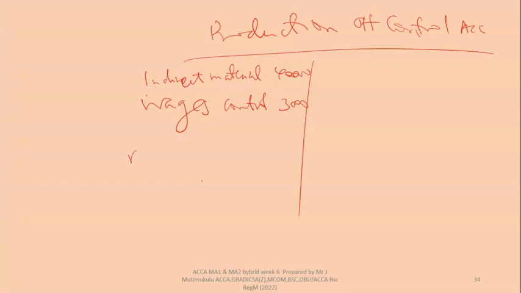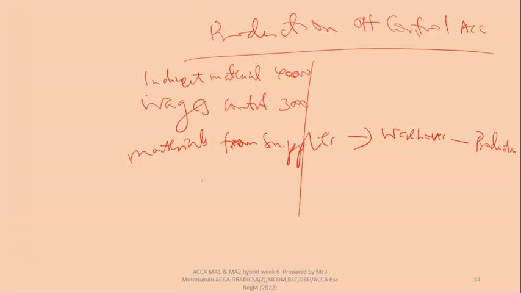Let's say we buy materials from a supplier, then they are received into the warehouse, then sent to production.